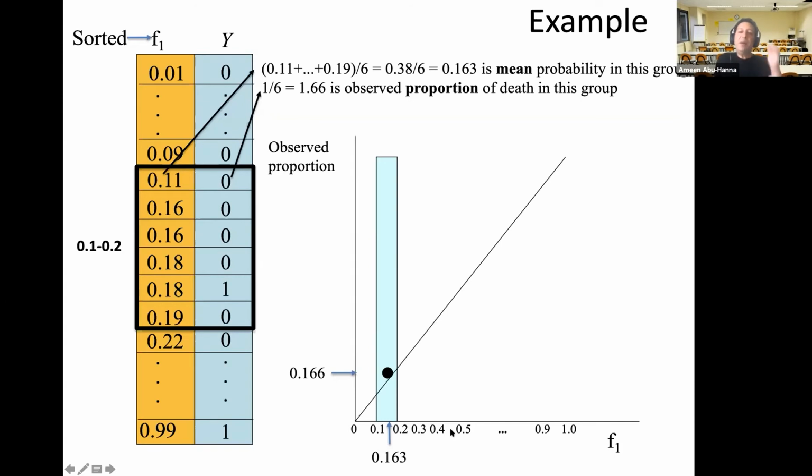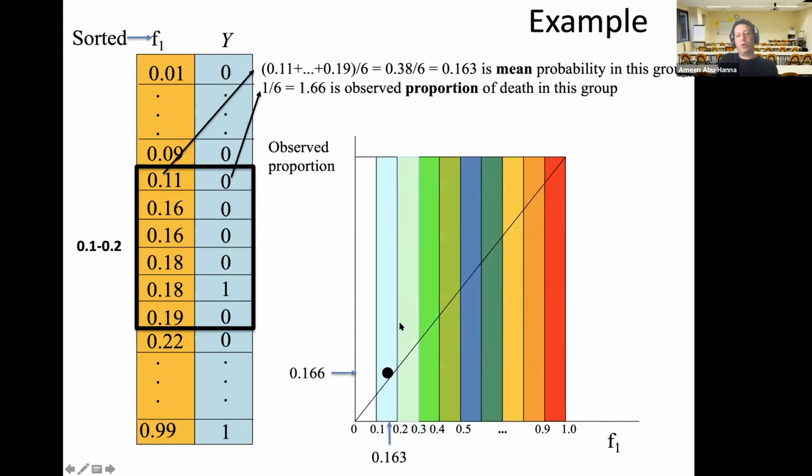Now, if my model was perfectly calibrated, the F1 will be exactly equal to the observed proportion. So this is the Y equals X line, this line. So I hope that my points will be on the line. And I can do this, of course, for all the groups. And there are different ways to do grouping.